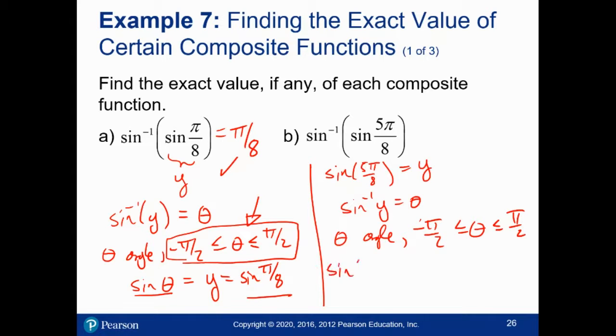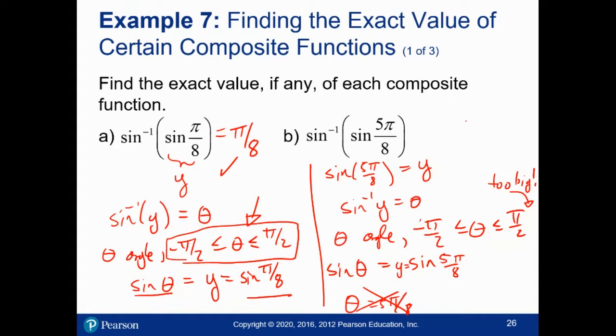And the sine of this angle is the same as y, which is the same as the sine of 5π/8. That's how we define y. Now, I can't say that theta equals 5π/8. I can't say this because 5π/8, notice 5/8 is just a little bit bigger than 4/8. It's bigger than a half. So that angle is too big.